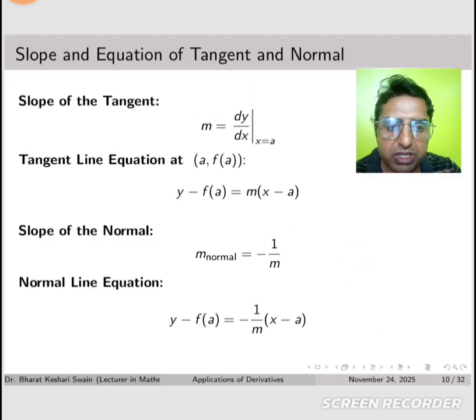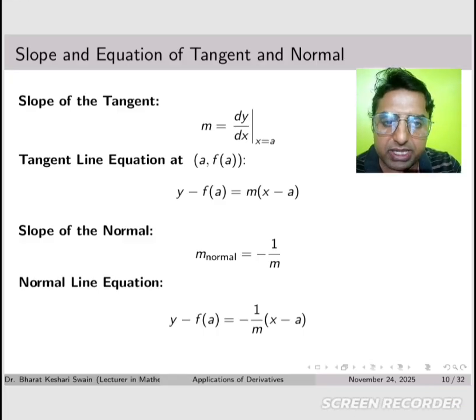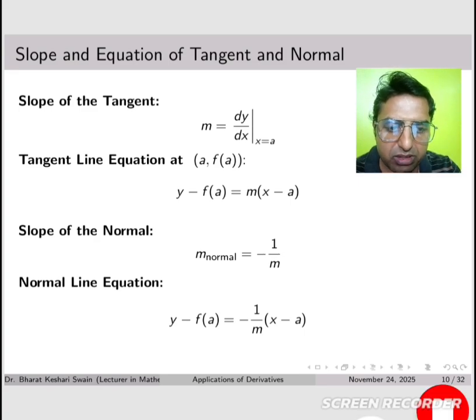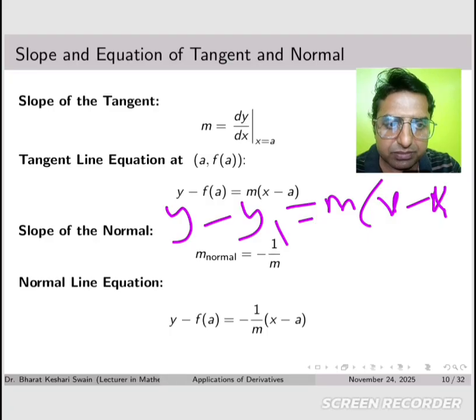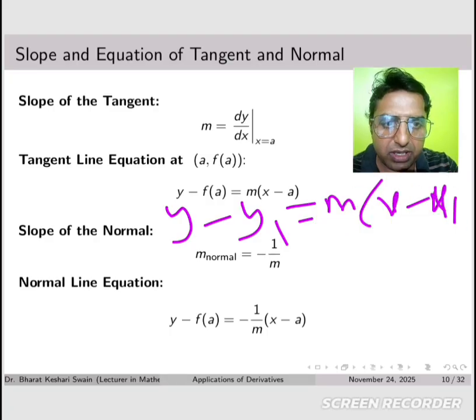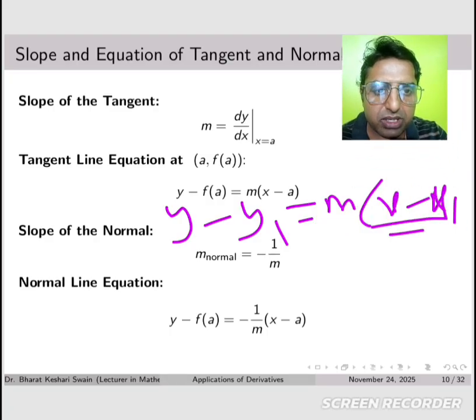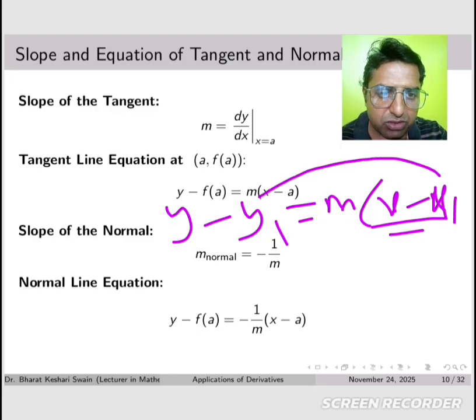So what are the equations? We know the one point formula: if one point and the slope are given, the equation is y minus y1 is equal to m into x minus x1. What is x1, y1?